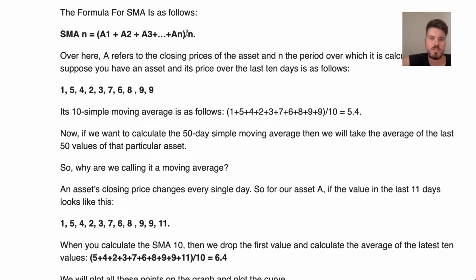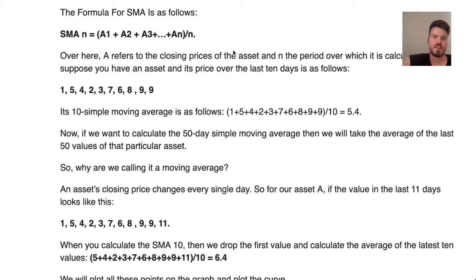If you use period 10, then you would be adding up the first candle, the second candle, and so on, divided by the number of candles that you're looking at. In this case, it would be 10 candles, and that would be the simple moving average.